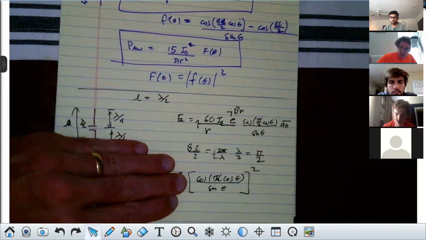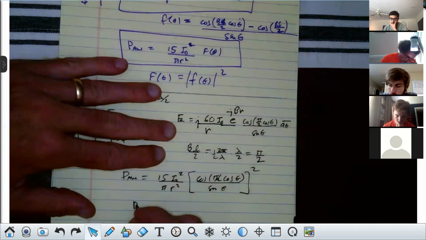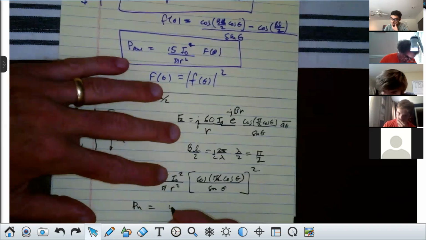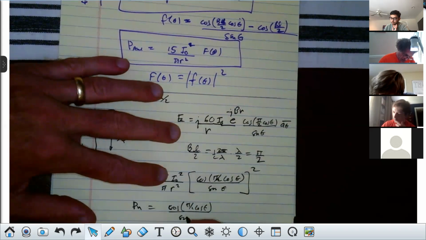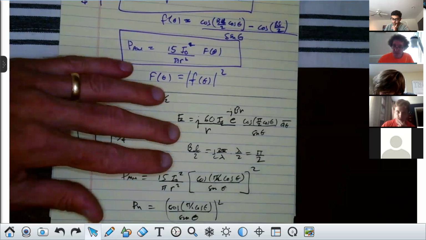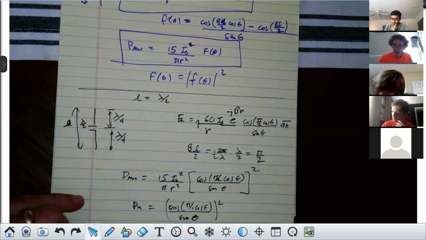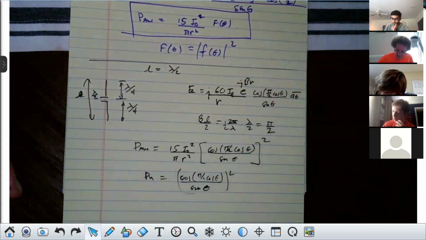Do y'all remember that? So I'm just going to put it down. P normalized would be equal to cosine of pi over 2 times cosine of theta over the sine of theta, squared. Are you with me on that? That's normalized power density. Now, work with me here. Let me finish my thought here.